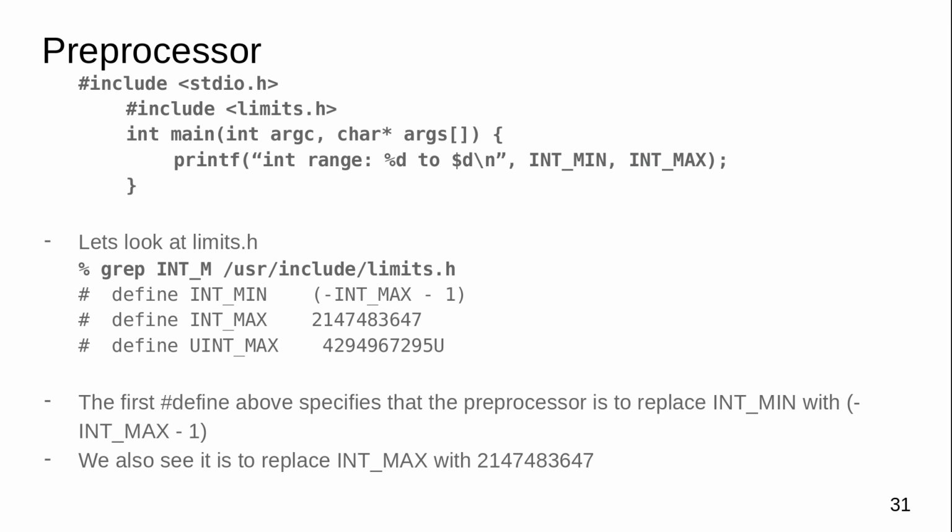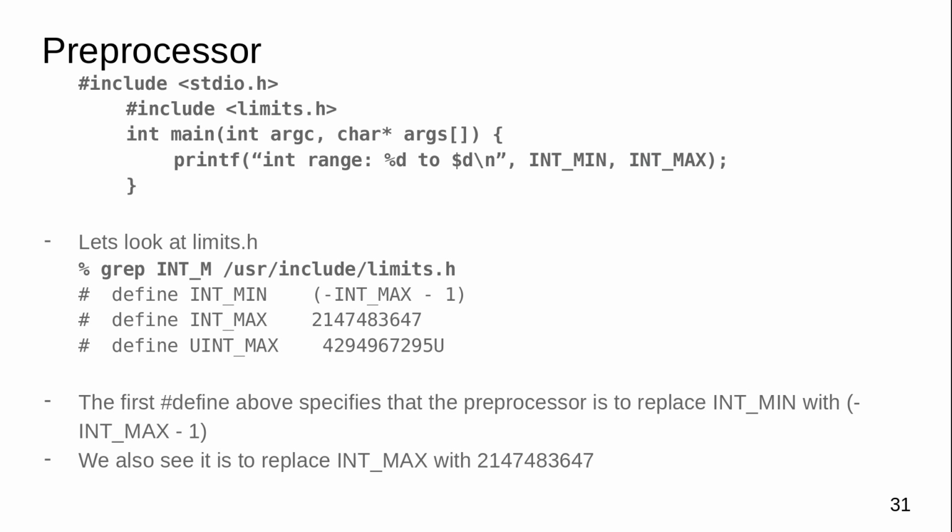So again, right here we're going to look at that limits.h header file, and we search for INT_M, because those are the values we're using right here. We search for that within this file, and it comes up and we see that INT_MIN is defined as the negative of INT_MAX minus 1.